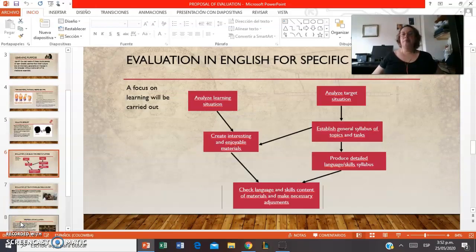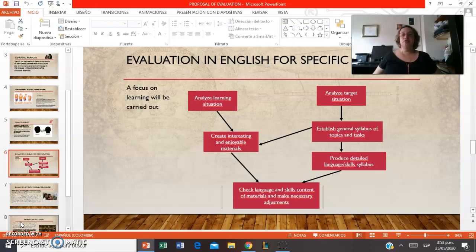Evaluation in English for a specific purpose. A focused learning will be carried out because the teacher first analyzes the current situation, looking at the evolution of different groups in learning English, and analyzes the target situation, whether the group is similar or different. Another characteristic is interesting and enjoyable materials. In this part the artisanship is important, since the group has a culture rich in agriculture that makes the artisanship different.